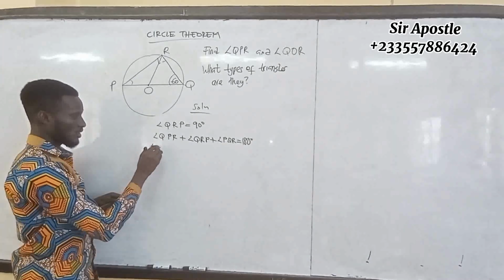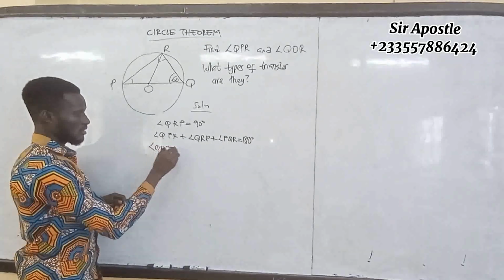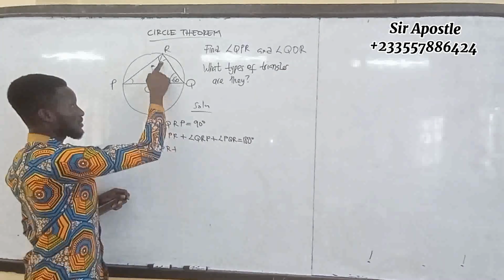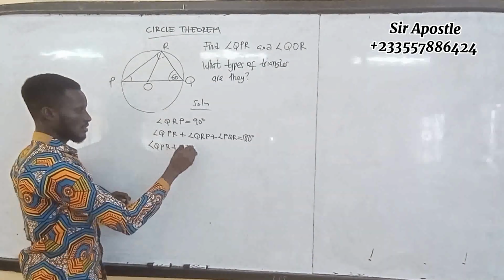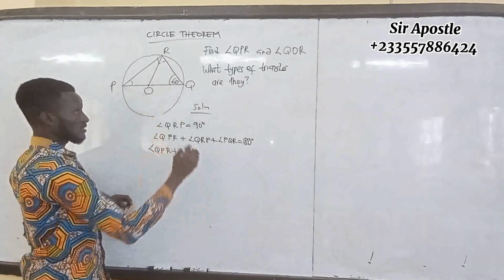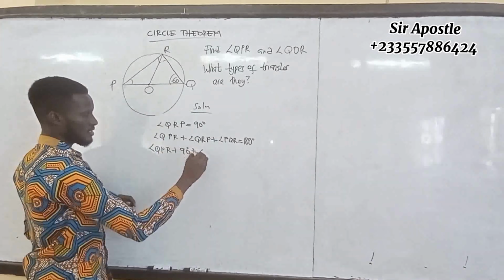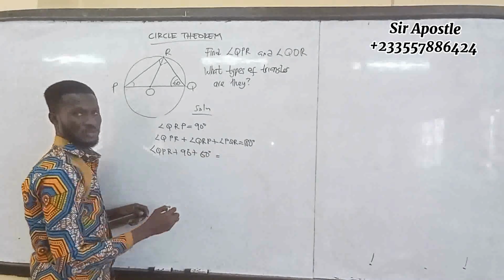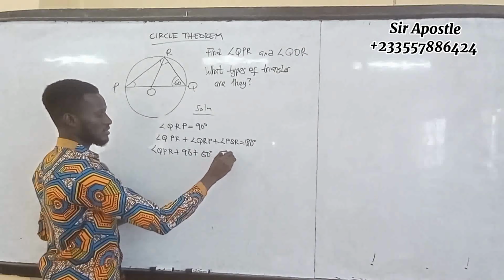Now, so our QPR plus QRP, which is 90 degrees, plus PQR, which is 60 degrees, is supposed to give us 180 degrees.